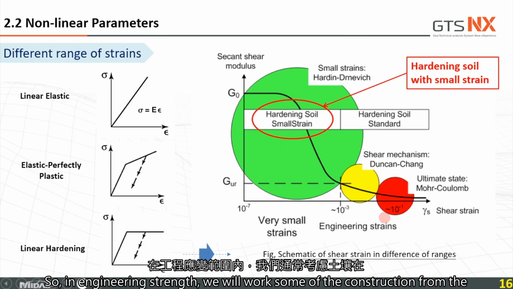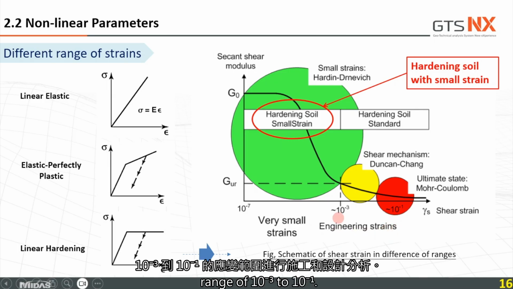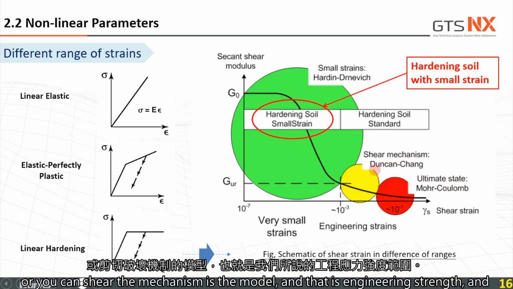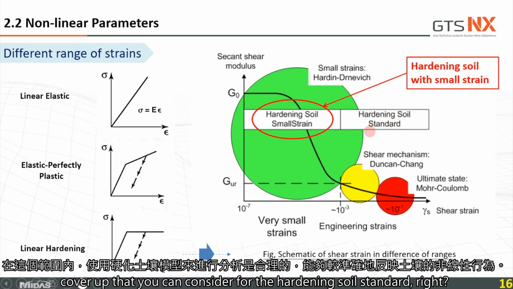In engineering strain, we work on some of the construction in the range of 10 power minus 3 to 10 power minus 1. This is the range where you can use the ultimate state, the Mohr-Coulomb model, or you can use the shear mechanism, the Duncan-Chang model. That is engineering strain. And to cover that, you can consider the hardening soil standard, right?